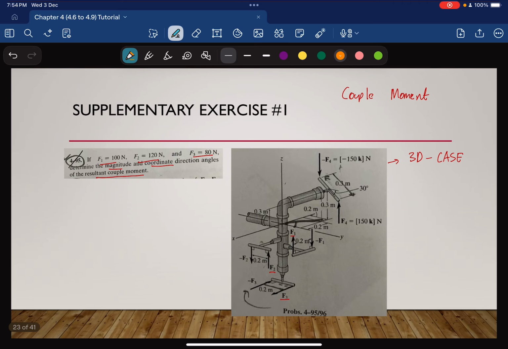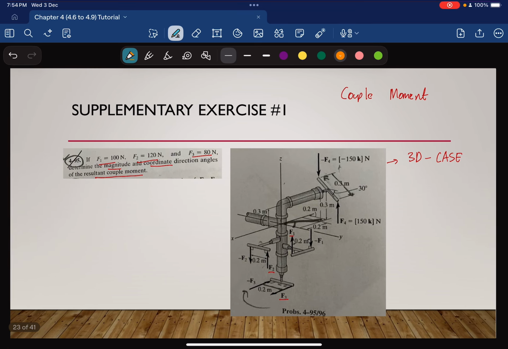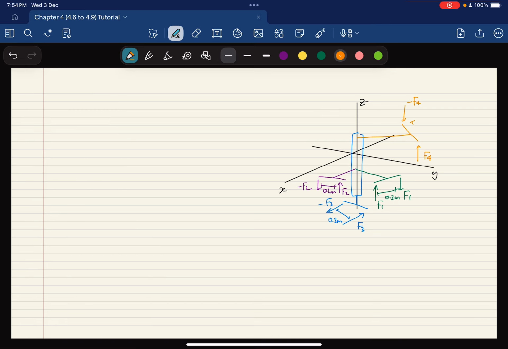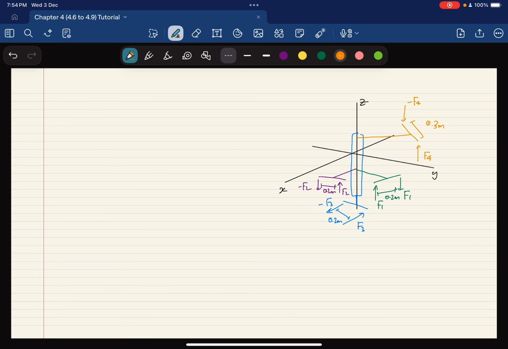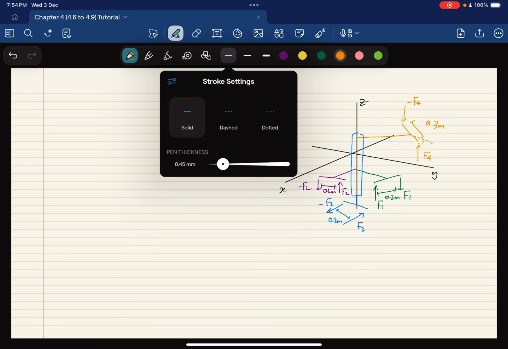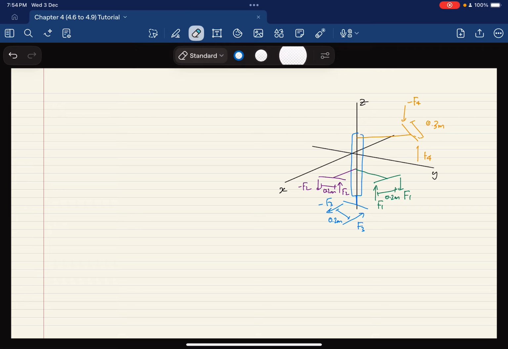And the thing about this F4 is that it's 0.3 meters, but there is an angle to it, and this angle is said to be 30 degrees. Let me just write that clearly. This angle is 30 degrees, okay.